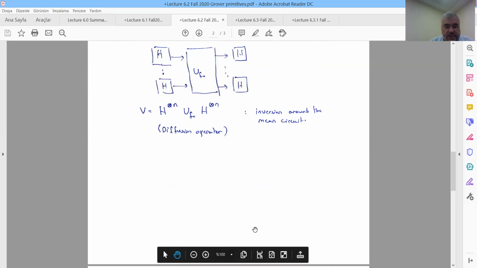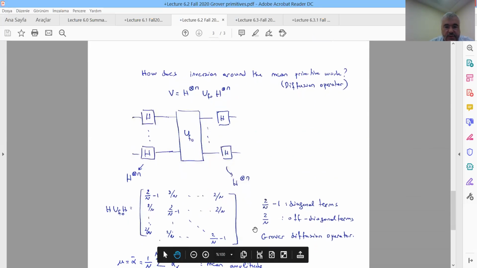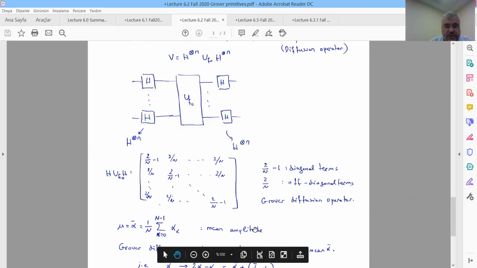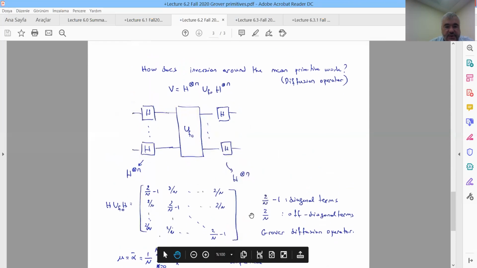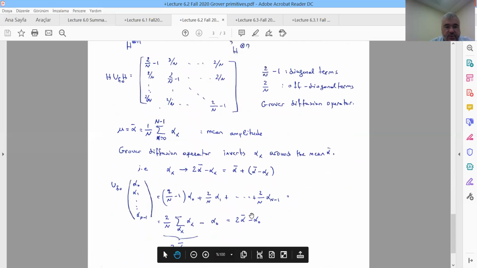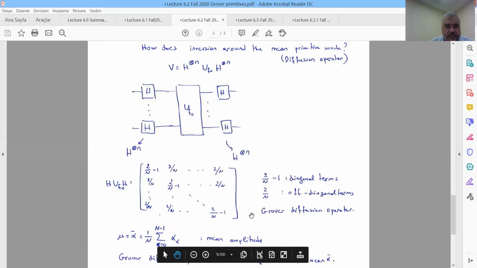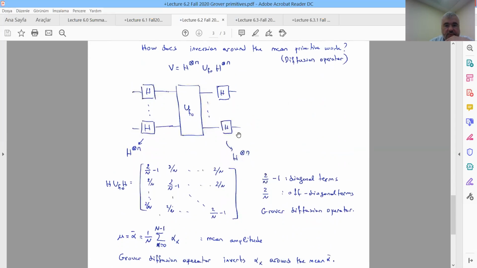There is some discussion of how this operator works, but before going into that, let me discuss this.